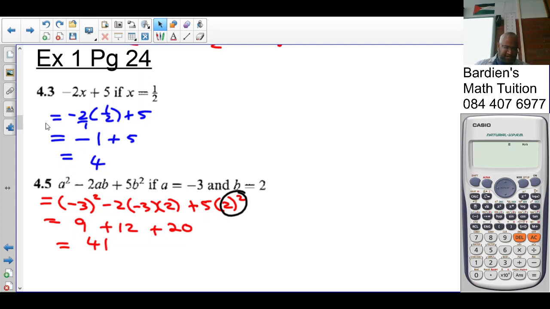Okay, now we're going to look at addition on page 24. Addition of polynomials. Okay. Is there anything else that I needed to mark? Yes? Exercise 6, number 5.